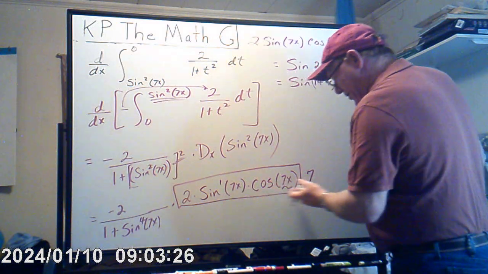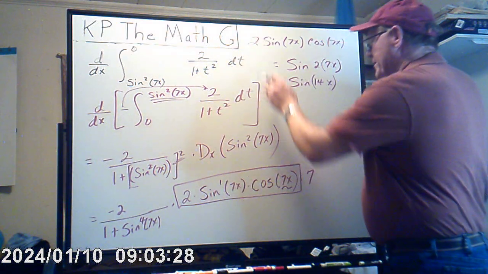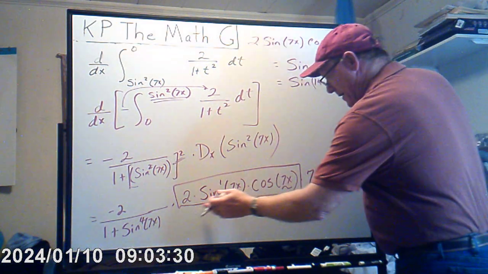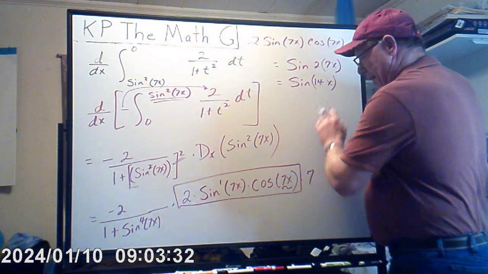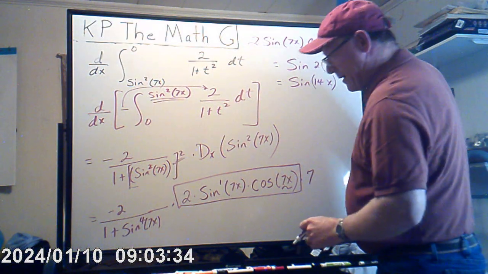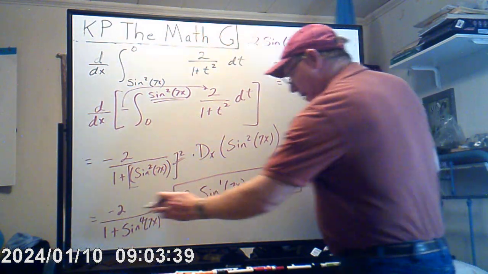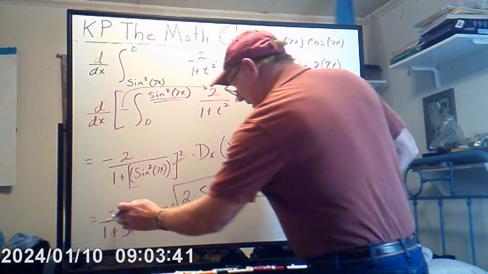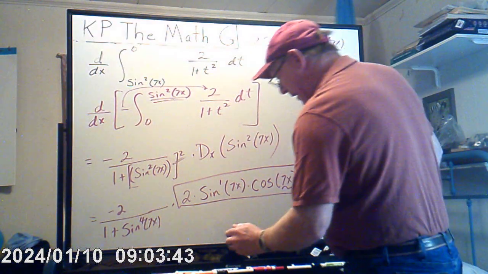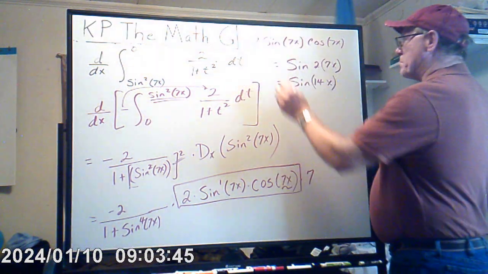So all this, 2 sine A cosine A, is sine 14x. Alright, so I've got 7 times negative 2. Negative 2 times 7 is negative 14. So let's see, let's put it up here.